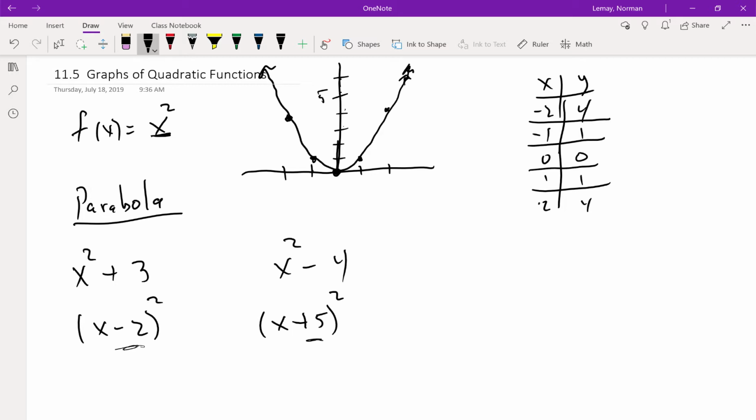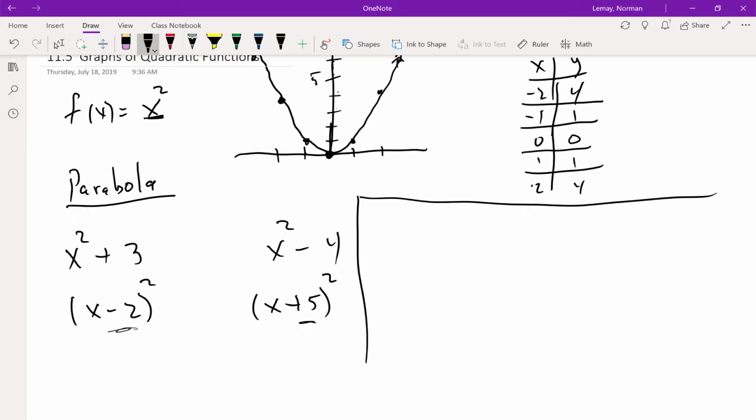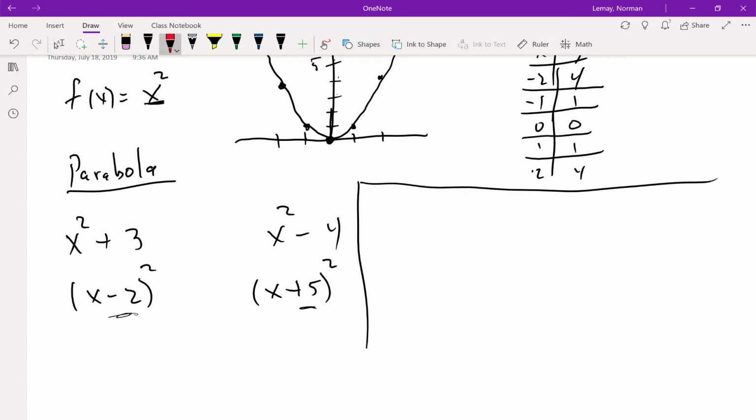There's a couple of properties about the parabola that are true. One of the things I'd like to take a look at is this point right here. This point is what we call the vertex.